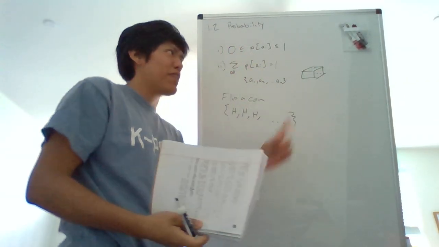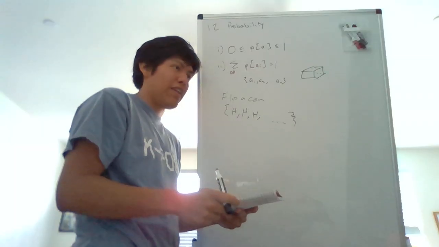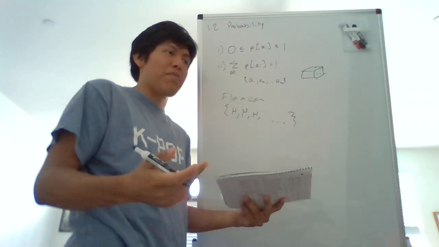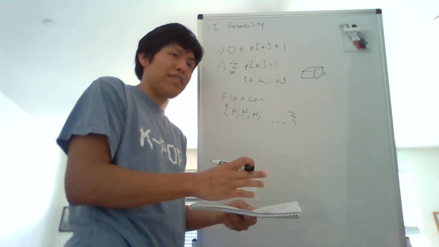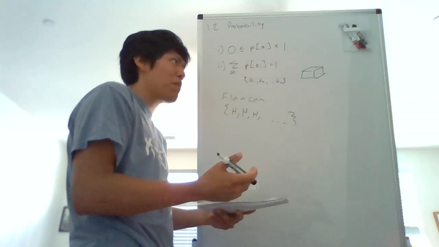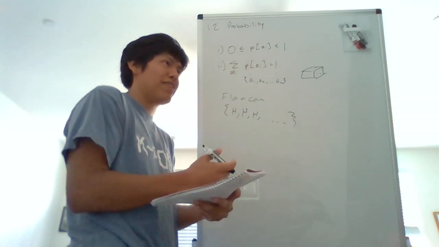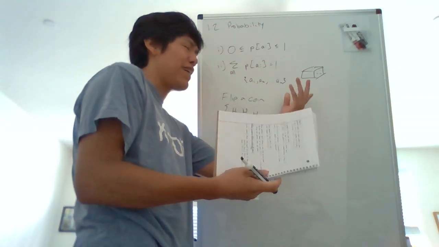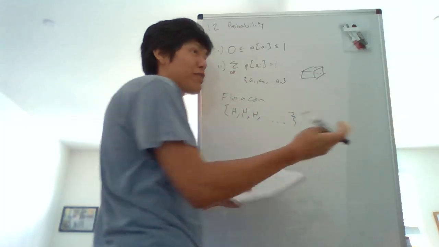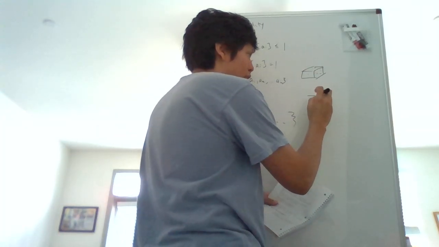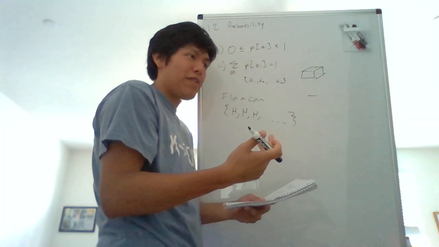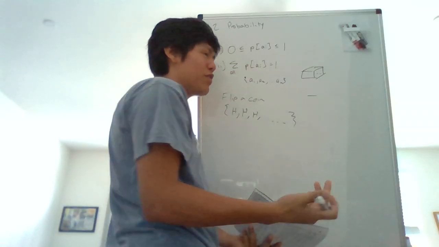It's 1/6 because there are 6 sides, and every face has the same probability of landing. Because it's a 6-sided die, 6 is the denominator, and 6 is also the number of different outcomes you could have.